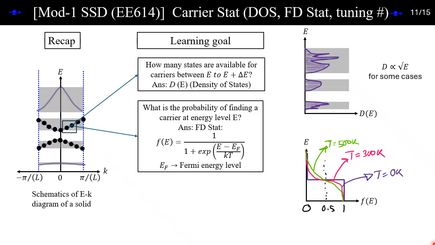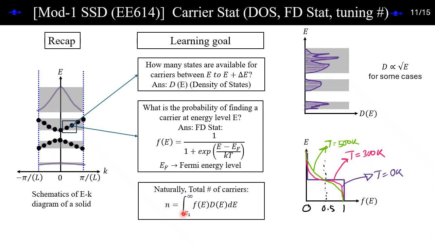You must have that density of states, right? So you need to multiply these two things, probability and density of states. Multiplying at one single energy value doesn't make sense. This is a continuous band, so you need to do this for the entire energy range, meaning you need to integrate it. If you do it, then you get the carrier number.